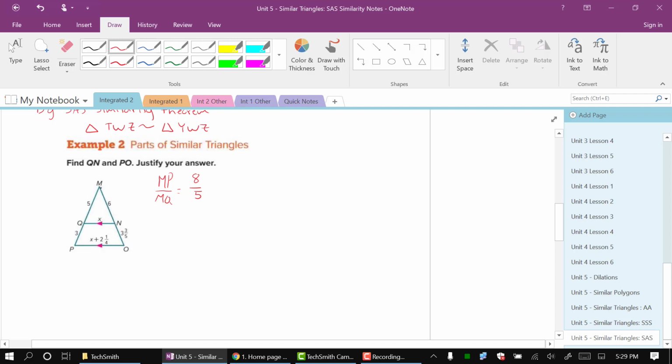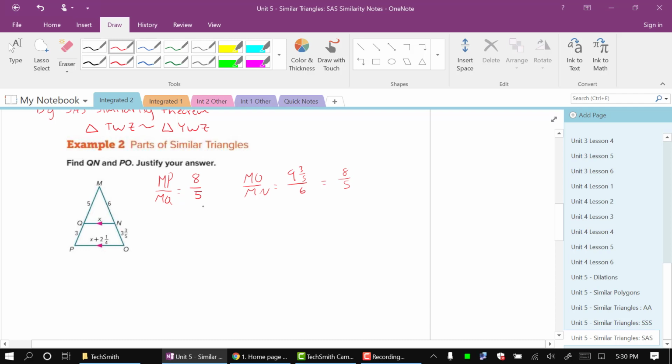The next ones we're going to look at are MN and MO. MO is the long one, and MN is the short one. MO is 6 plus 3 3/5, which gives you 9 3/5. MN is 6. If we divide this out, we end up getting 8 over 5. So we got these two. Now we want to see the angle between the two of them.